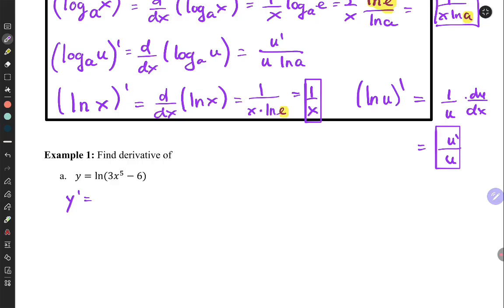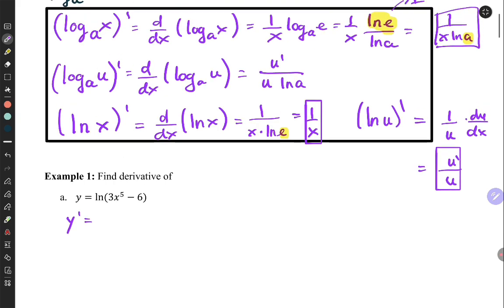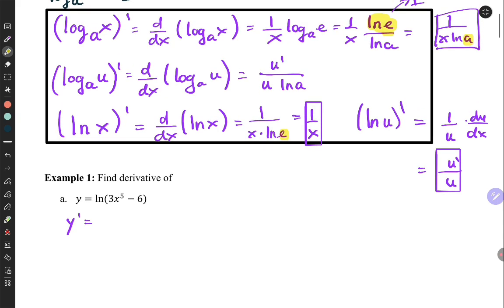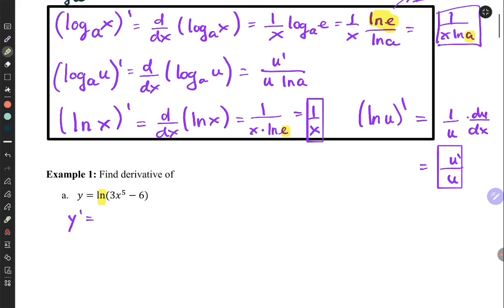Okay, I see ln, and we'll be looking at either this one or this one. Which one do I look at? The u one.